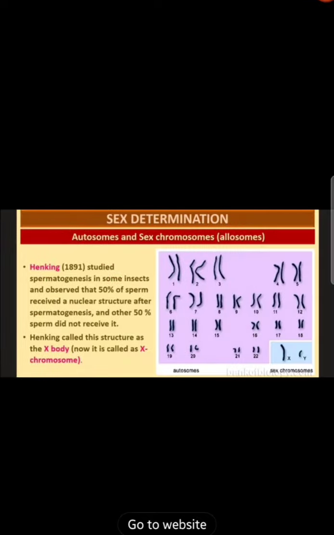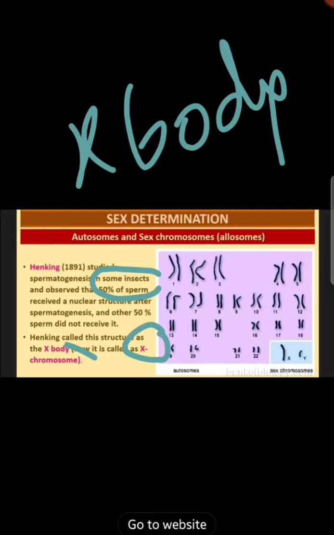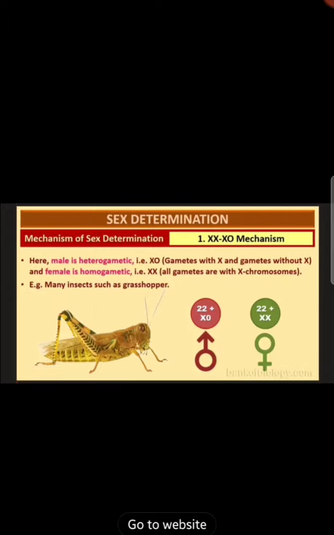In the previous slide we saw that Henking was studying spermatogenesis in some insects, and he observed that 50% of the sperms received a nuclear structure after spermatogenesis and 50% did not receive it. Whichever sperms received this structure, he called it the X body, and we call it the X chromosome.